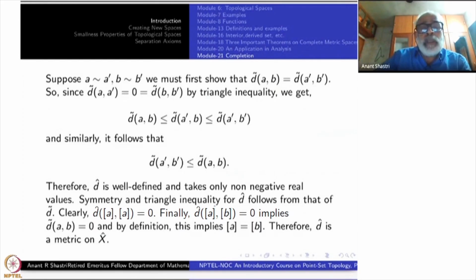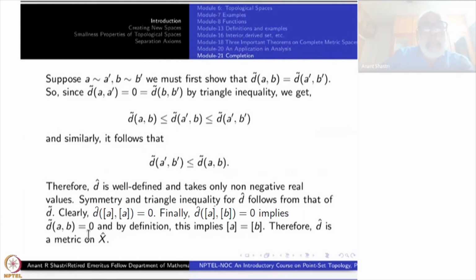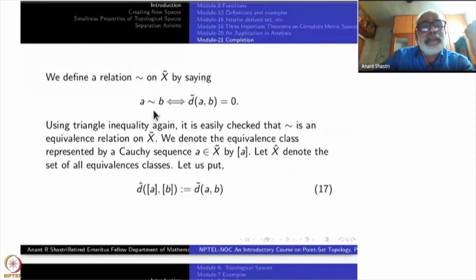The only thing is, d hat of A A is also 0, that's also clear. But if d hat of AB is 0, why does it imply that A and B are equal? That is just the definition. Equal means what here? They are equivalent.